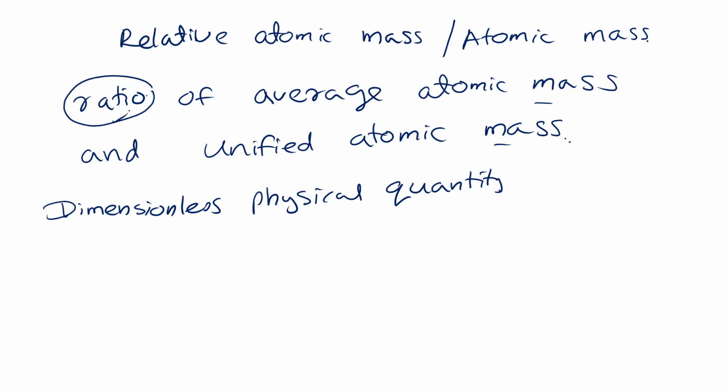Why? Because we take ratios, we divide the mass by another mass. If you're using grams to grams, they cancel off. If you're using U to U, they cancel off. So what does that mean?